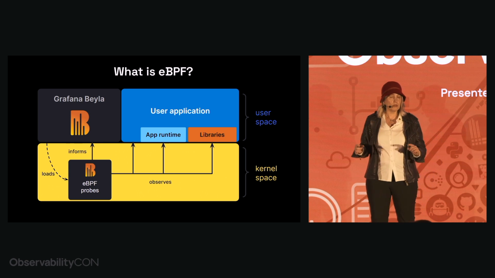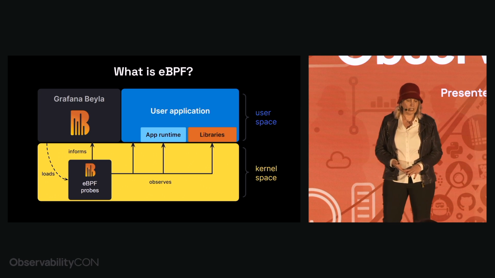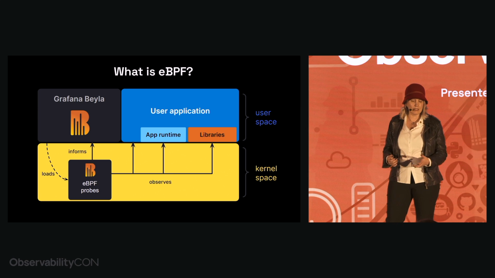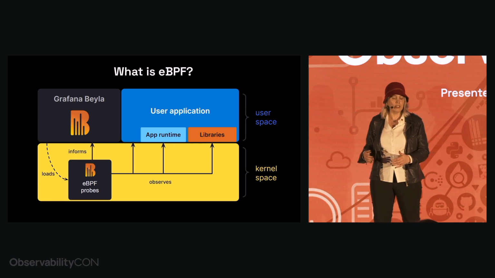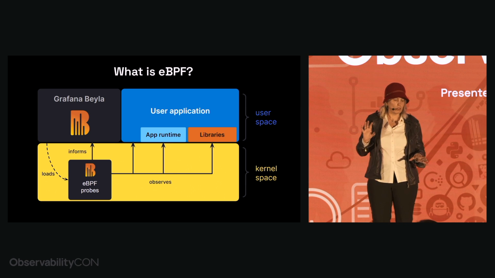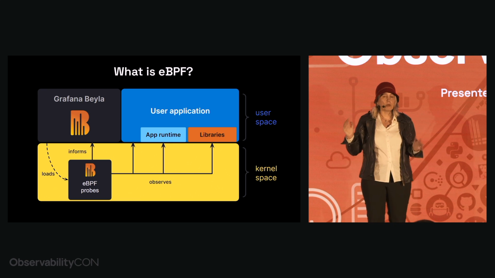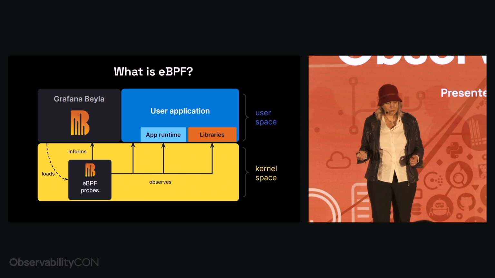Those probes report basic events to Beyla, for example, the HTTP service being invoked, its start and end time, the status code, the request path, etc. Beyla takes all of this information, aggregates it, decorates it with any relevant metadata, some of it drawn from the configuration that I'm about to show you, and then reports it as spans and metrics.